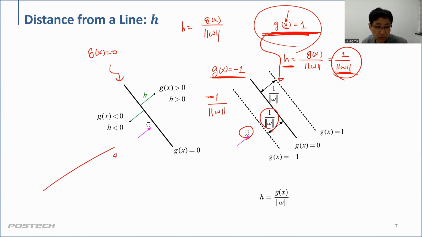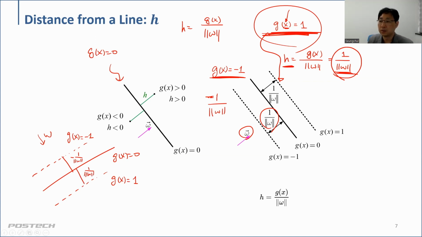So suppose this is g of x equal to 0, and say omega is in that direction. Then here g is 1 and here is -1, and the distance is 1 over the norm of omega and positive. That's something you should understand from scratch.